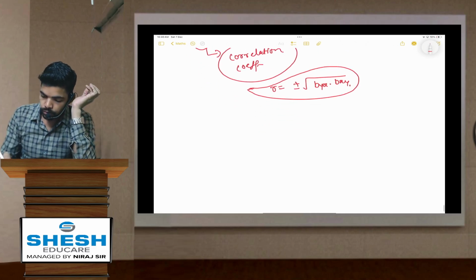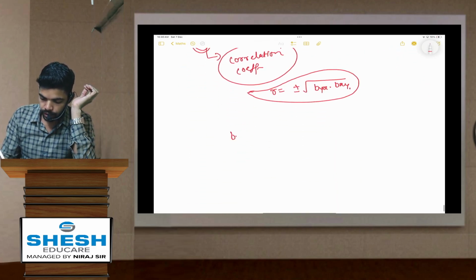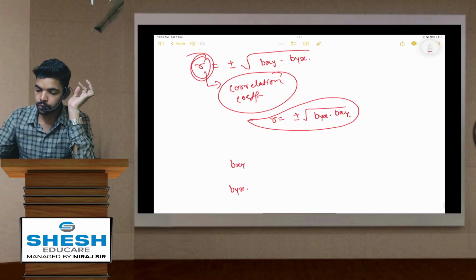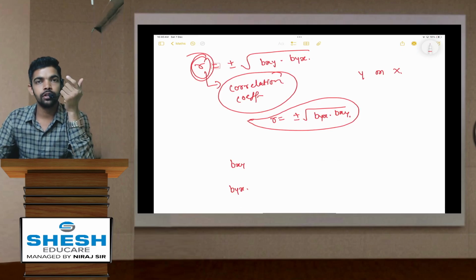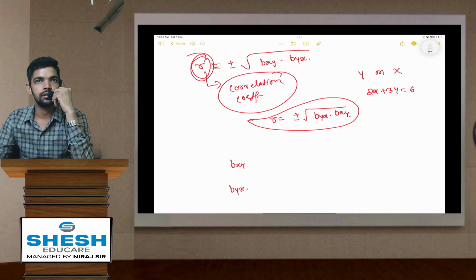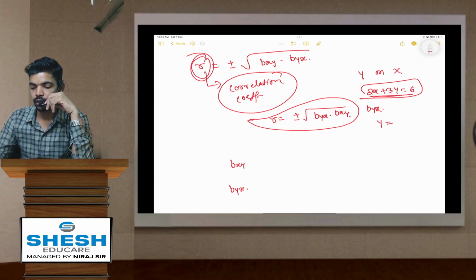Now the formula to find bxy and byx. There is a formula. First, to find the regression coefficient of y on x, suppose this is the regression equation of y on x, and you want to find byx. So what you will do, find the value of y from here.